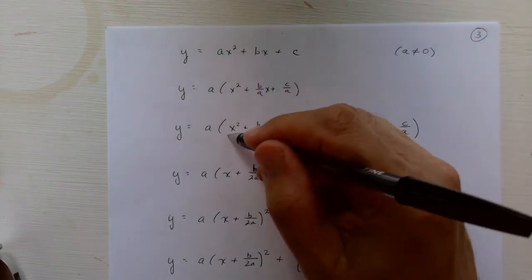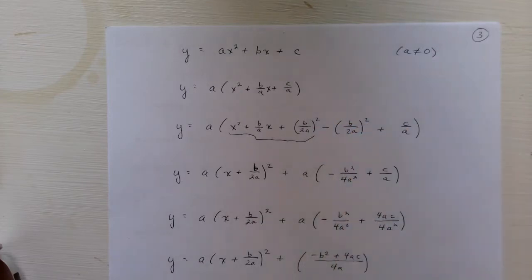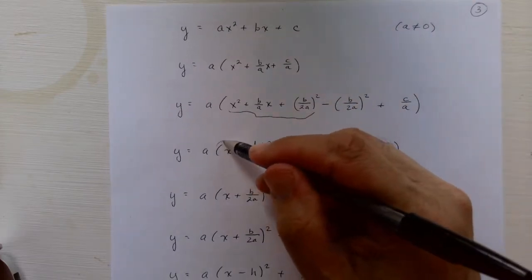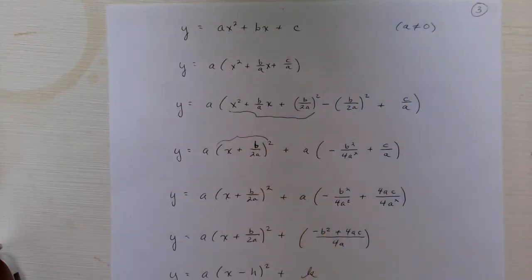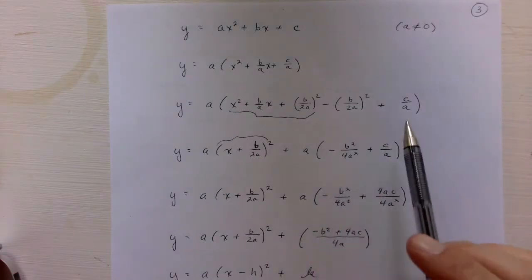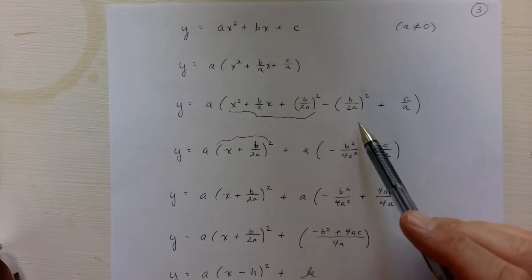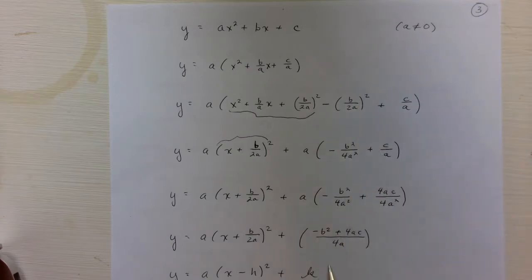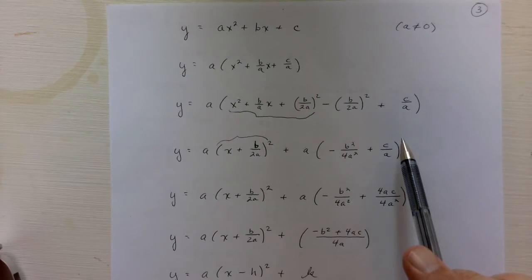And then once again we take these first three terms, and that becomes this expression here. And we distribute the a, and when we square this, we get b squared over 4a squared. And then we'll have a c over a here.